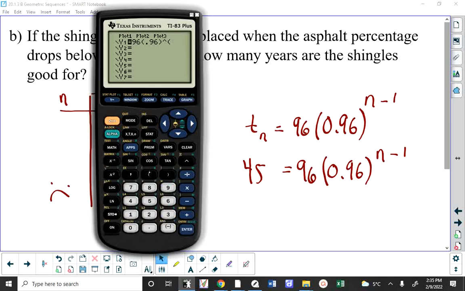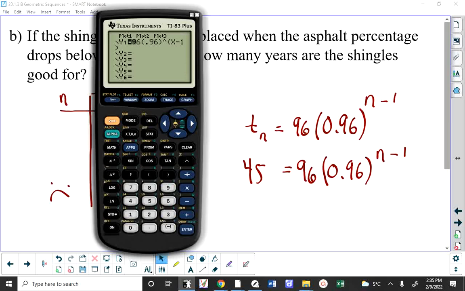If you don't put brackets around it, it will raise it to the x, and then it will subtract 1 from the whole thing, rather than subtracting 1 from just the exponent. We're going to set up our table to start at 0 and go up by 1 automatically. So this is how your table setup should look when you go second window. I always recommend double checking to make sure you've entered it correctly before you go to your table.